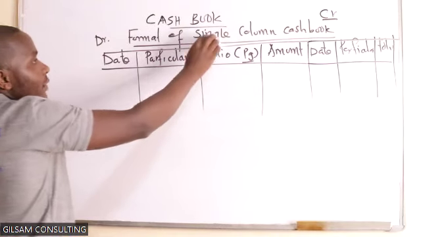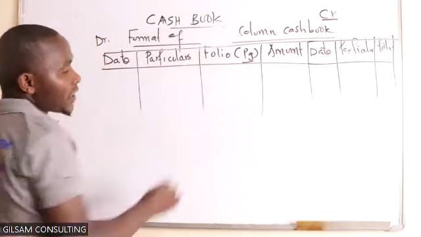So let's look now at the two column cash book.